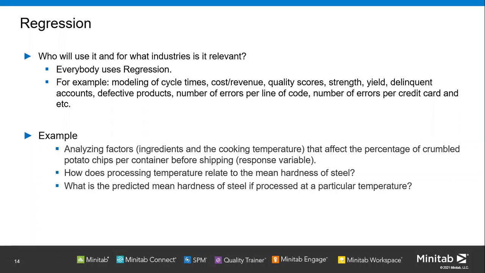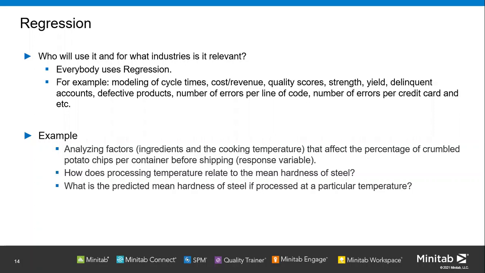Maybe you have ingredient A, ingredient B, ingredient C, and so on. Maybe for the cooking temperature you also have different values in Fahrenheit. So you want to know which factor has the most impact on your response variable.